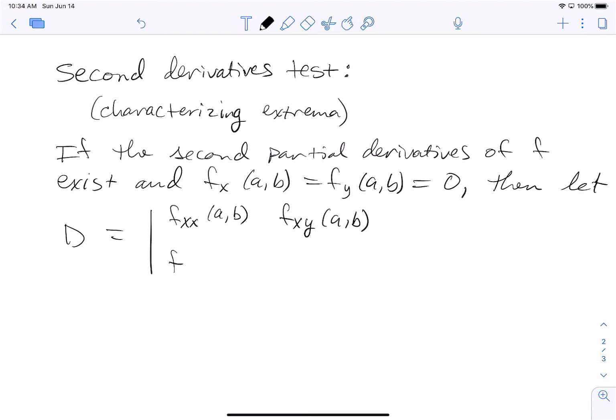The second row is the mixed partial f_yx at (a, b), and then the second partial with respect to y both times, f_yy at (a, b).